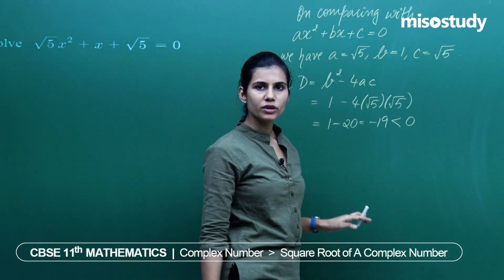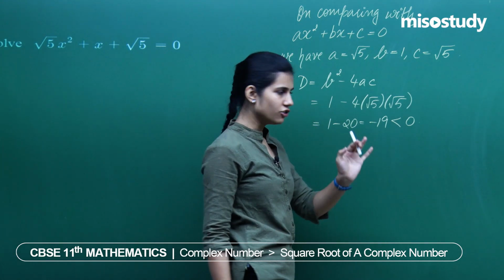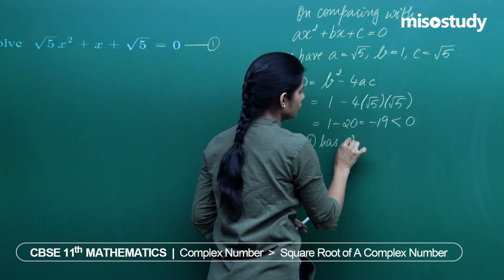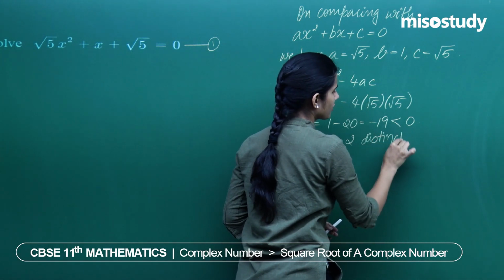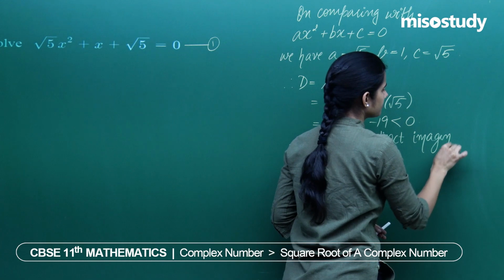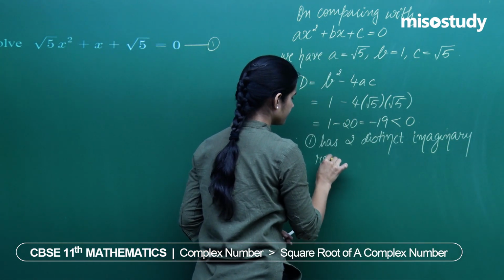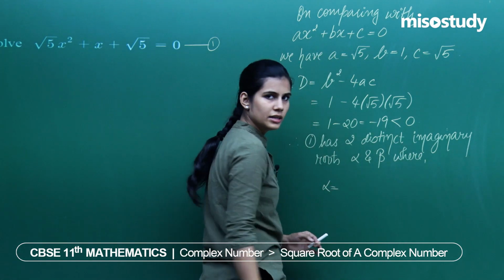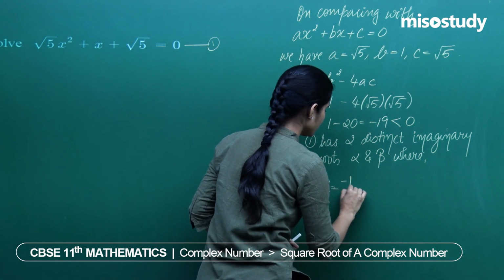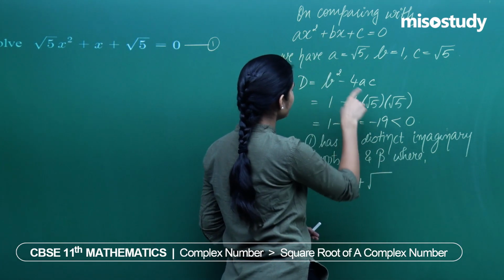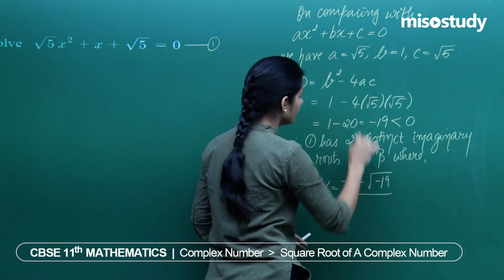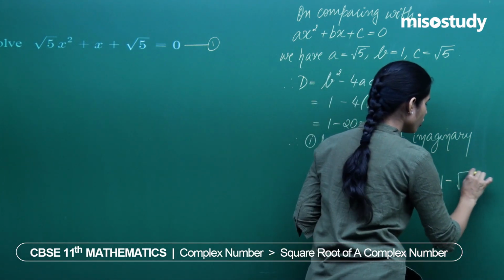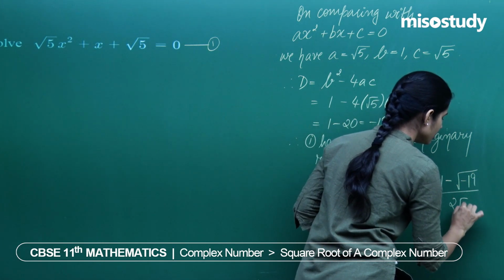Therefore, this quadratic equation is going to have what? Two distinct imaginary roots, alpha and beta, where alpha is (minus b plus root over b square minus 4ac) upon 2a, and beta is (minus b minus root over b square minus 4ac) upon 2a.